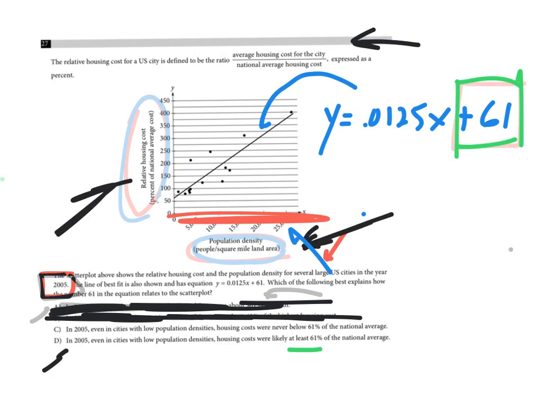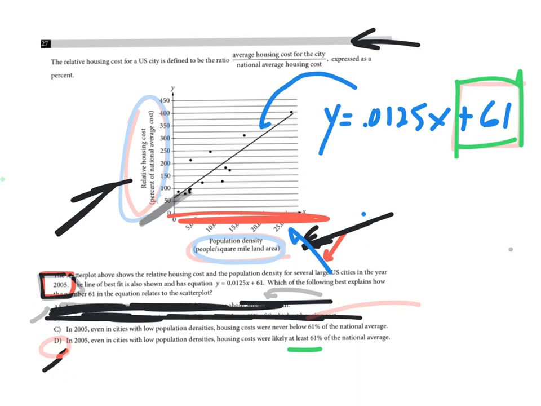If letter C was correct, even in cities with low population densities, housing costs were never below 61%. Well, let's say this line kind of continued here. Letter C can't be correct because if it was never below 61%, let's say the graph kind of continued in this direction.